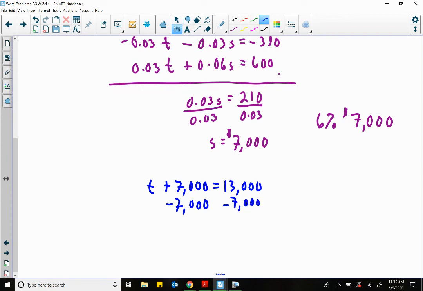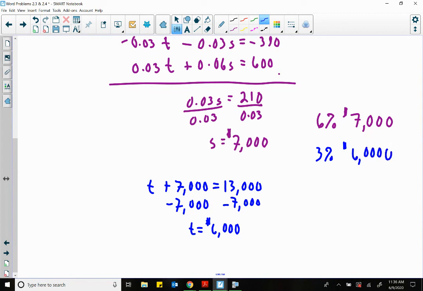And you end up with 6,000. So that means at 3%, we invested $6,000.